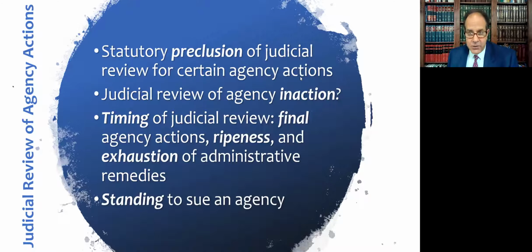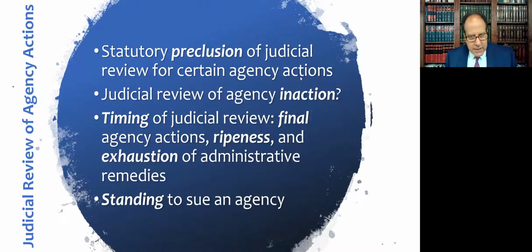We have an official agency action, as opposed to something that's still in process, because the courts don't want to meddle or intervene when the matter is still pending with the agency. So some of these timing of judicial review issues are a way to keep the courts from preempting the agency.